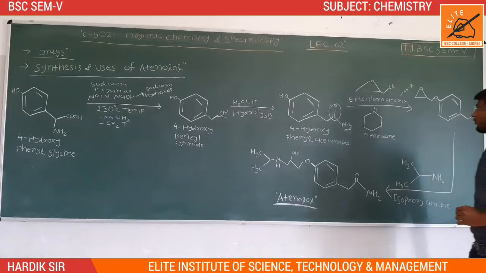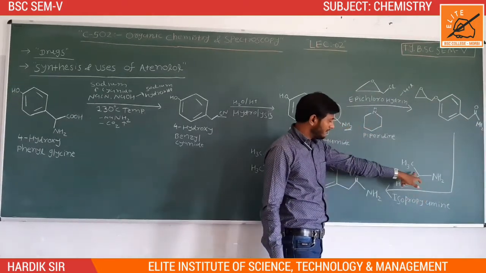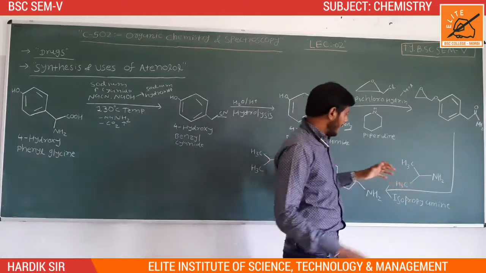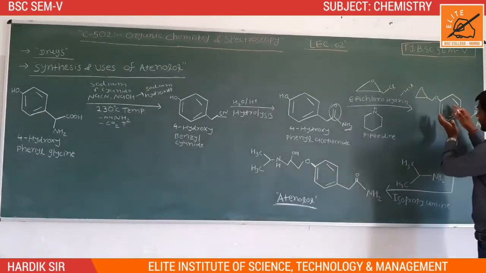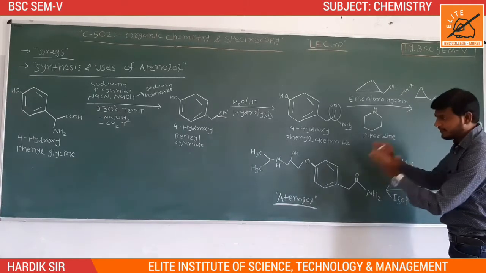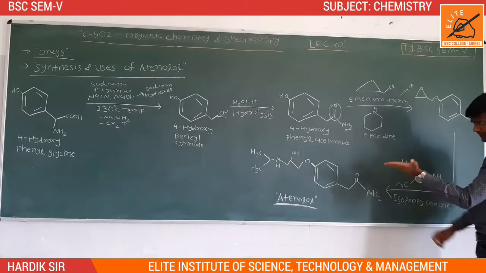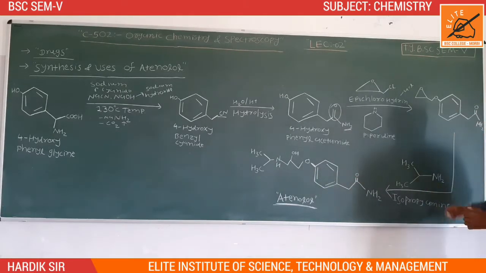Now our third intermediate product is reacted with isopropylamine. This is the isopropylamine. Isopropylamine and our third intermediate product react to produce our final product, etinolol. Let us see the structure of etinolol.